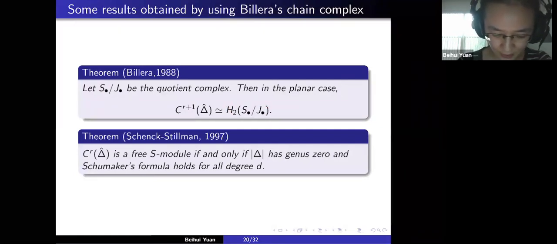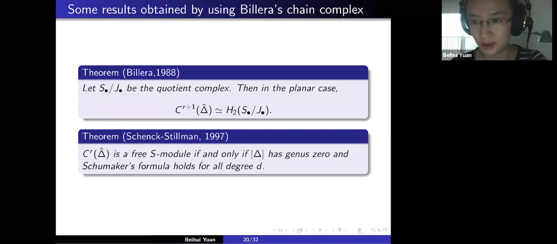And another result here is that Schenck and Stillman give a criterion for this module to be free. So this module is a free module if and only if the underlying topological space has genus 0 and Schumaker's formula holds for all degree D. So these two things are obtained by Billera's chain complex.